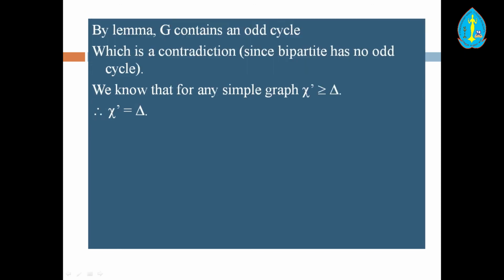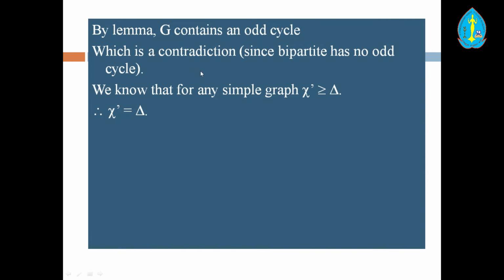By the lemma, G contains an odd cycle. But since G is a bipartite graph, and a bipartite graph has no odd cycle, this is a contradiction.